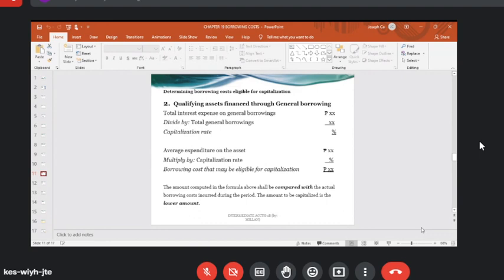Average expenditures multiplied by the capitalization rate is the borrowing cost that may be eligible for capitalization. The amount computed shall be compared with the actual borrowing cost incurred during the period, because the amount capitalized should be equal to the lower amount.